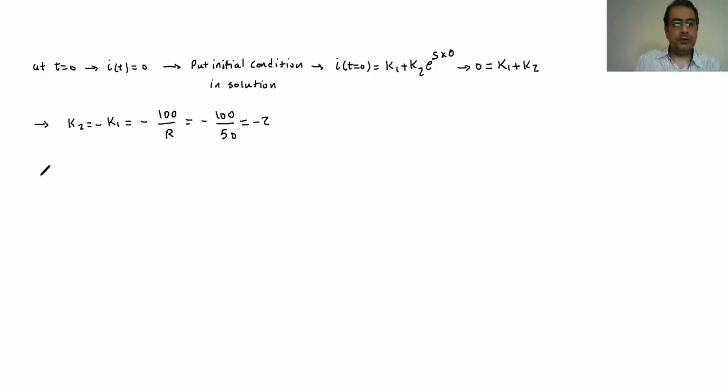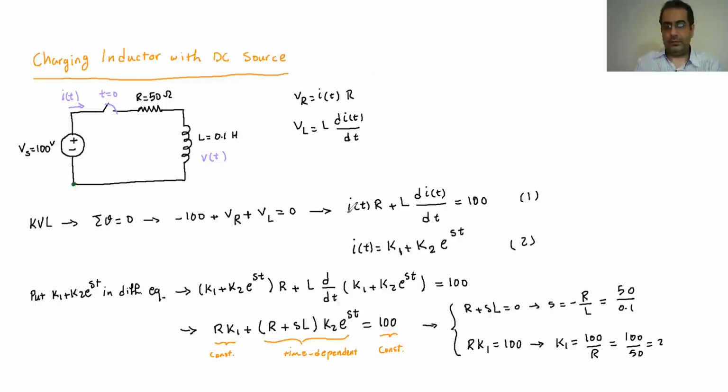So if I write the solution again, I of t was K1 plus K2 e to the power of st. And if I go ahead and substitute everything, go back, K1 is 100 divided by r, and that 100 is Vs divided by r.